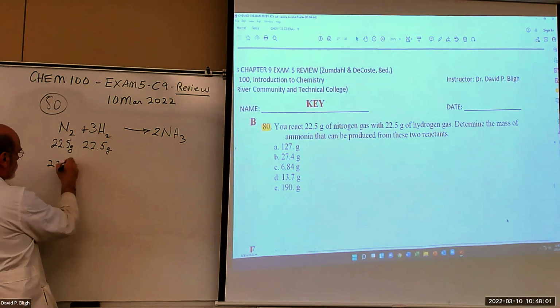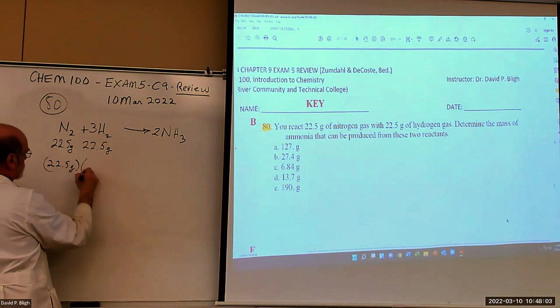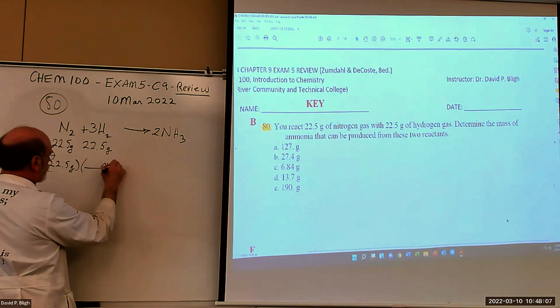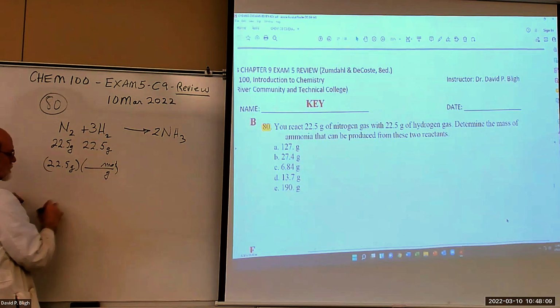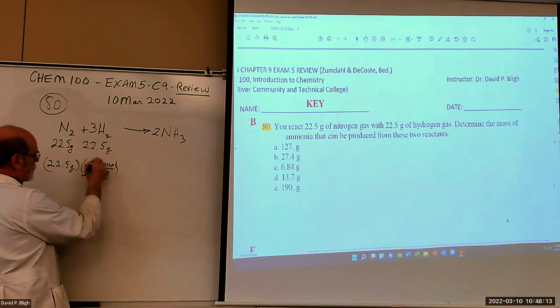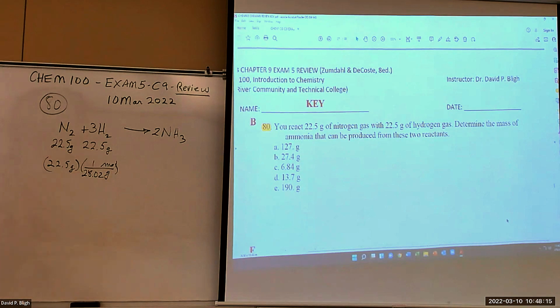So for nitrogen, 22.5 grams, how many moles of nitrogen? That's 28.02, because each nitrogen is 14.01.